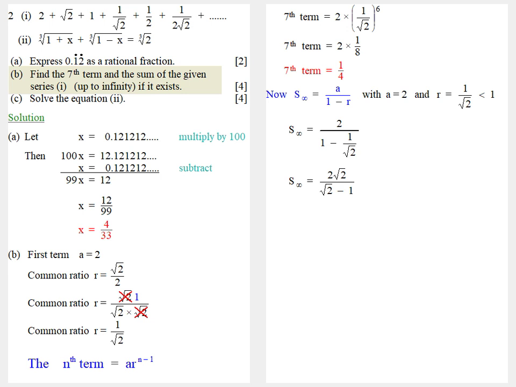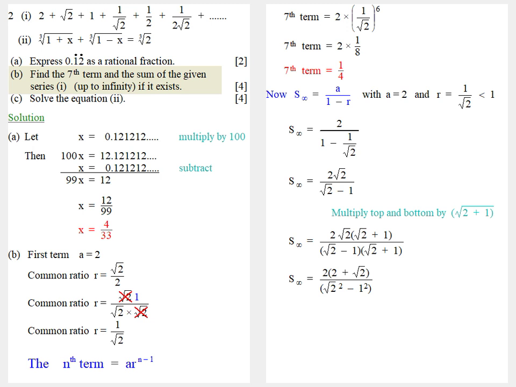Now we could leave that as our answer, but we can multiply top and bottom by the square root of 2 plus 1. And this gives us the sum to infinity is 2 root 2 times root 2 plus 1 over root 2 minus 1 times root 2 plus 1. Now on the bottom we've got the difference of two squares.